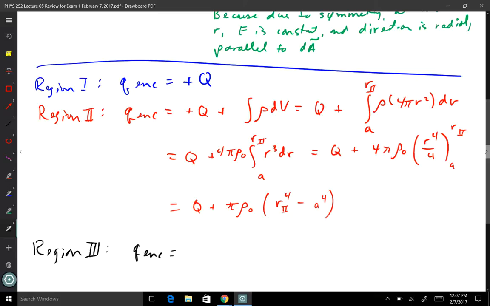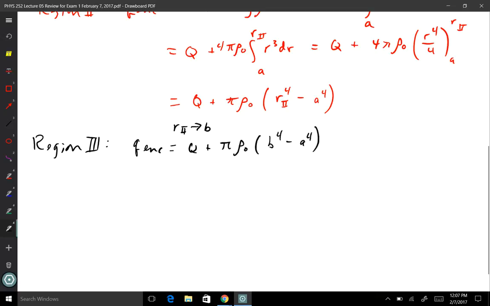Yeah, you end at B. You don't go out to R3 because the charge distribution ended at B. And so it's going to be exactly like what we did before, except your R2 becomes B. And so it's just going to be Q plus pi rho 0 times B to the 4th minus A to the 4th. So I found my charge enclosed for each of the 3 regions. And now I just need to combine them.